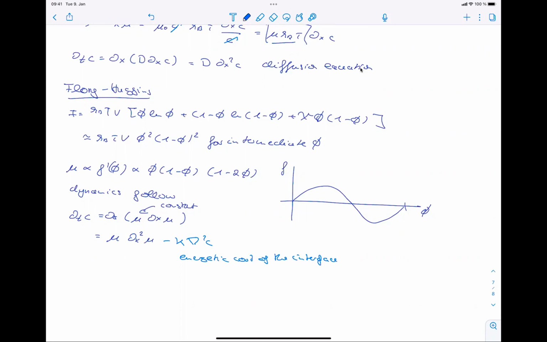But this equation alone is sufficient to explain so-called Ostwald ripening, which is the technical term for the coalescence of droplets.